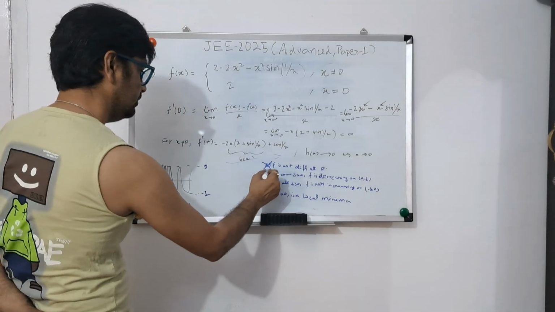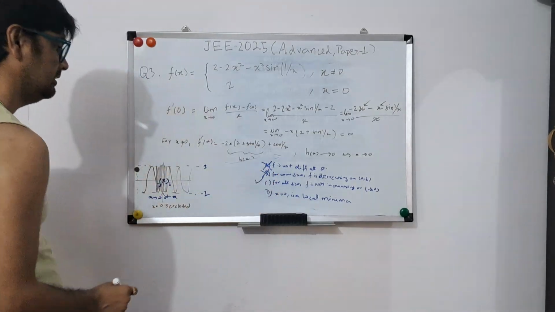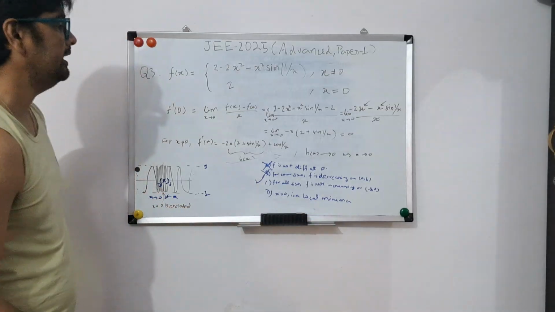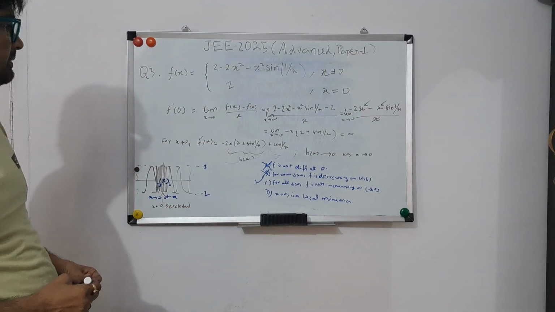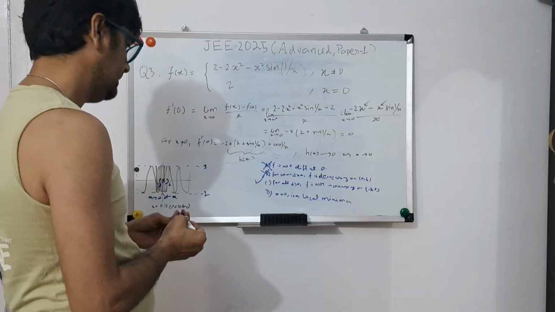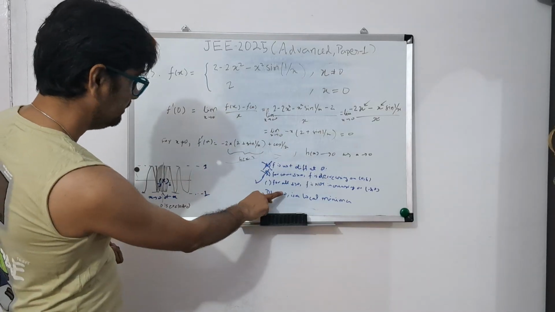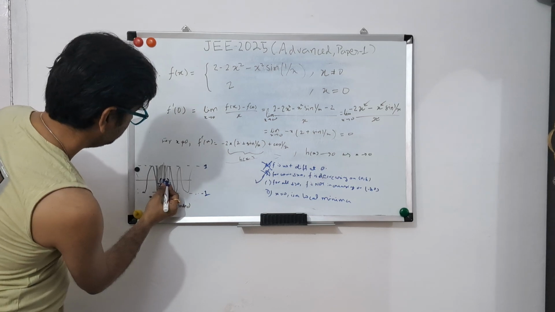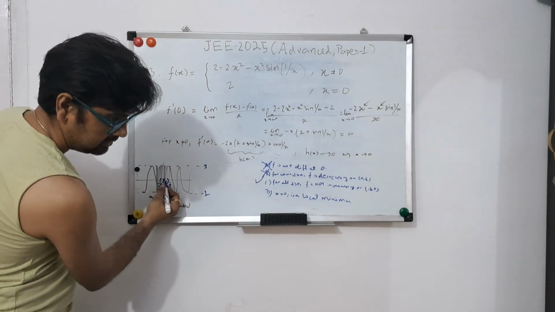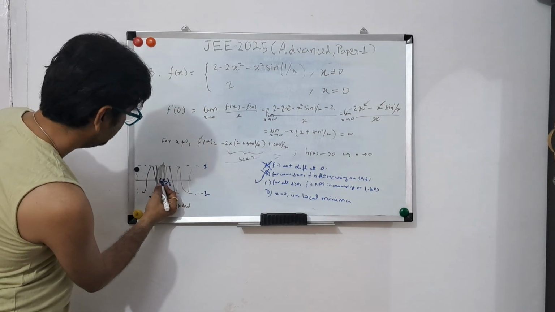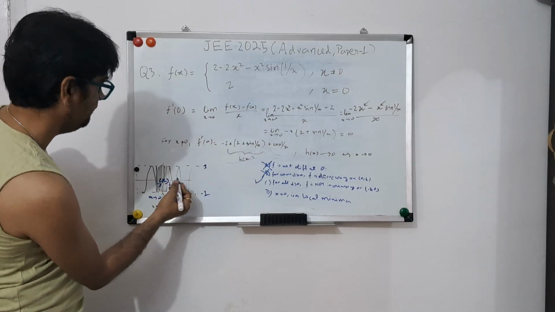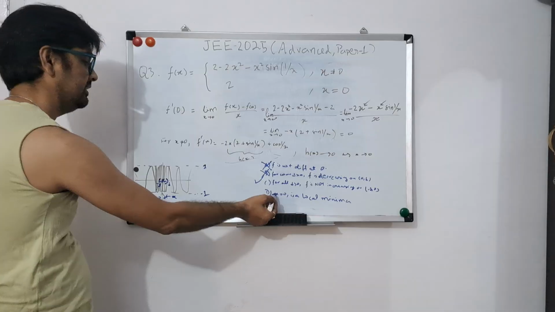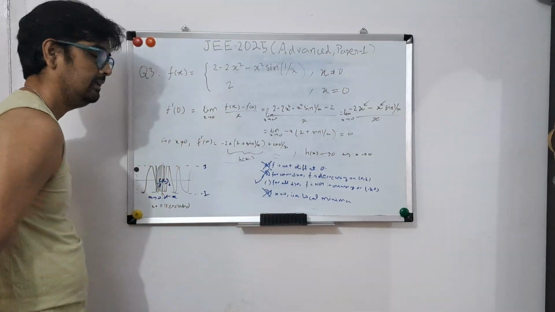So B goes out, C is correct, and we can also rule out x equal to 0 is a local minima. Why? Because local minima implies that in the neighborhood of 0, here the function should be increasing and here it should be decreasing, but we already saw that it is neither increasing nor decreasing, so x equal to 0 is not also an option.